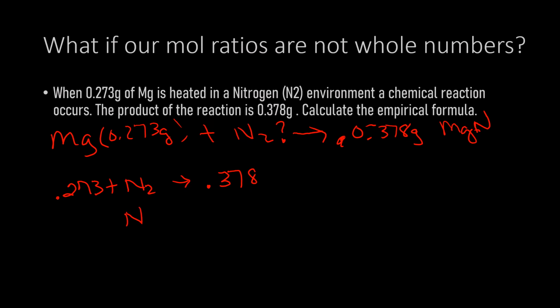So N2 is going to equal 0.378 minus 0.273. So our mass of N2 is going to equal 0.105.